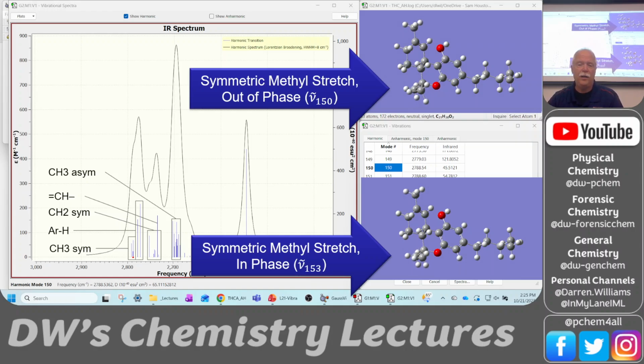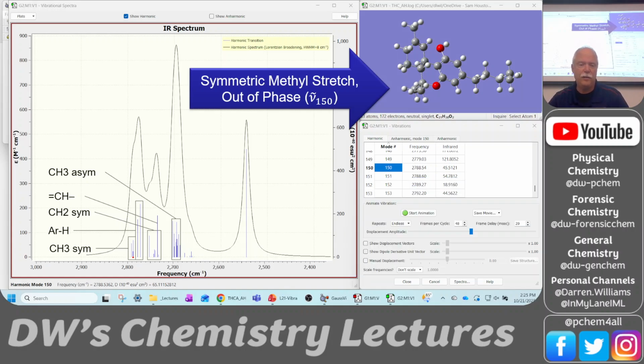So then looking at these vibrational modes, I went and assigned all of these things to the CH3 symmetric stretch, the aromatic hydrogen stretches, the CH2 symmetric stretch. This was that R3CH in our little description, over here.